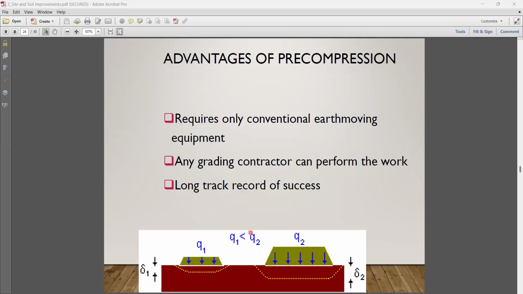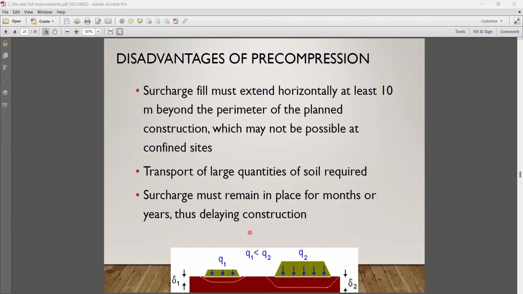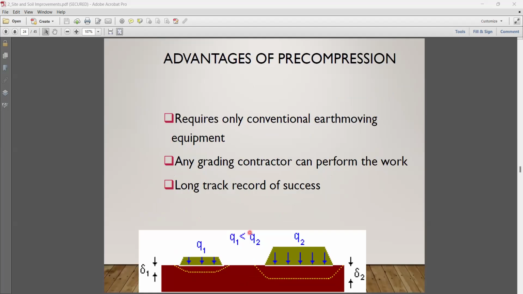So there are advantages and disadvantages. What are the advantages? Mainly we are filling another layer of soil, or anything else, to put a load onto the ground. With that load, it will consolidate.